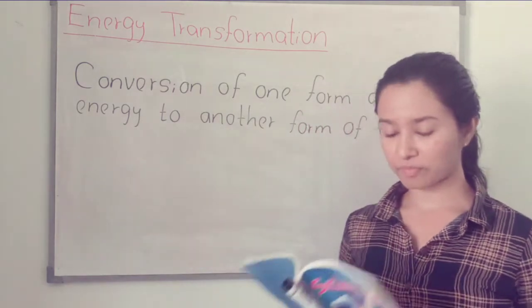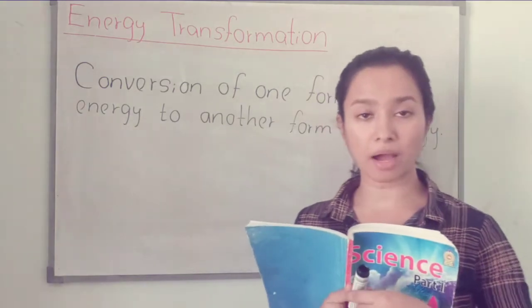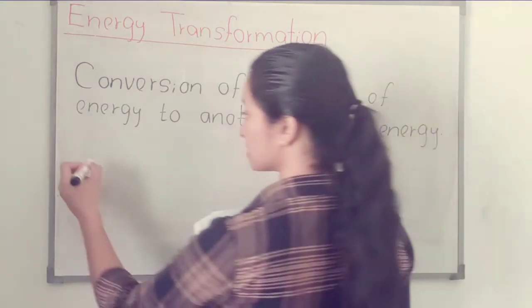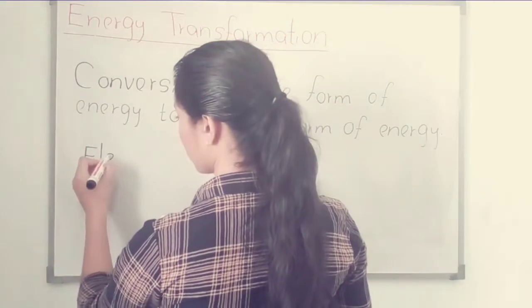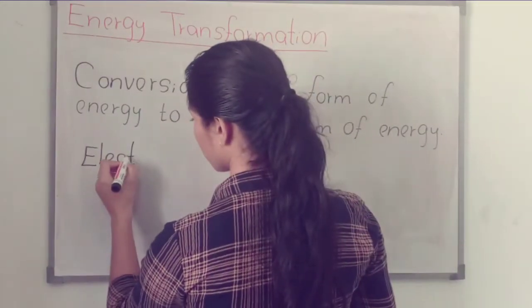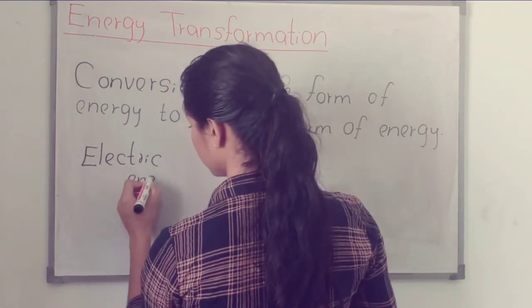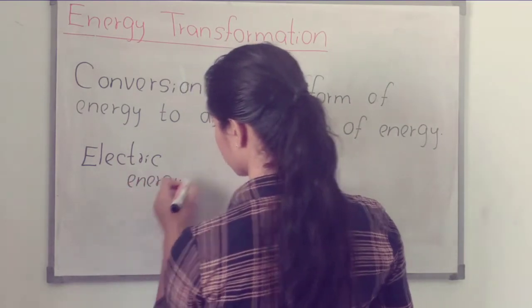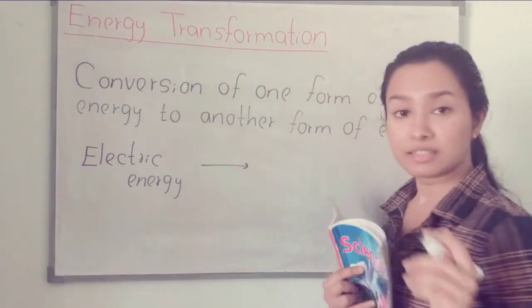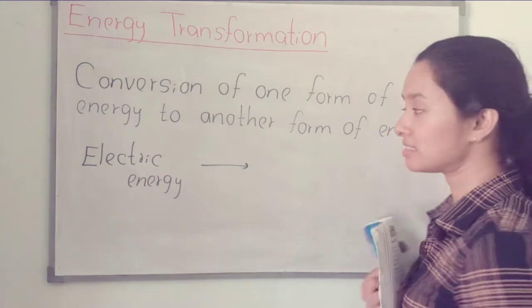Here we need electricity to light the bulb. That means electric energy. This electric energy is converted to light energy of the bulb.